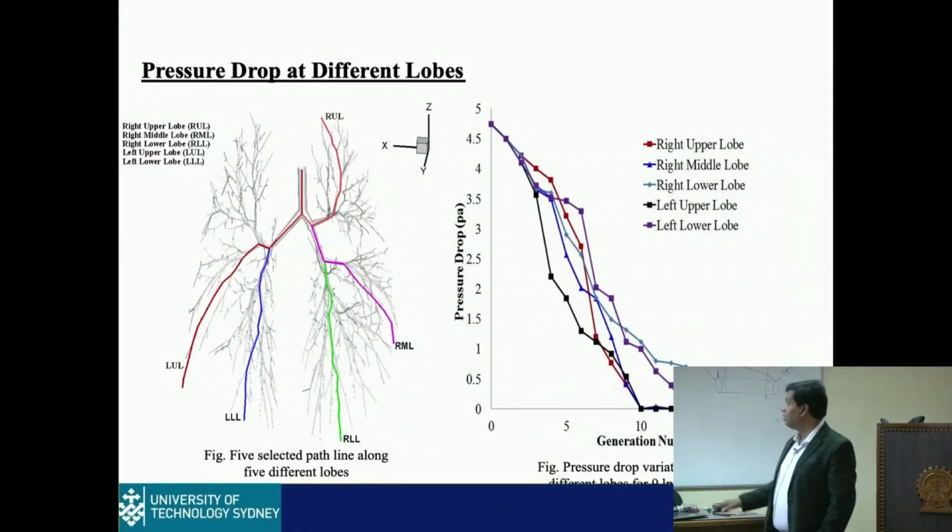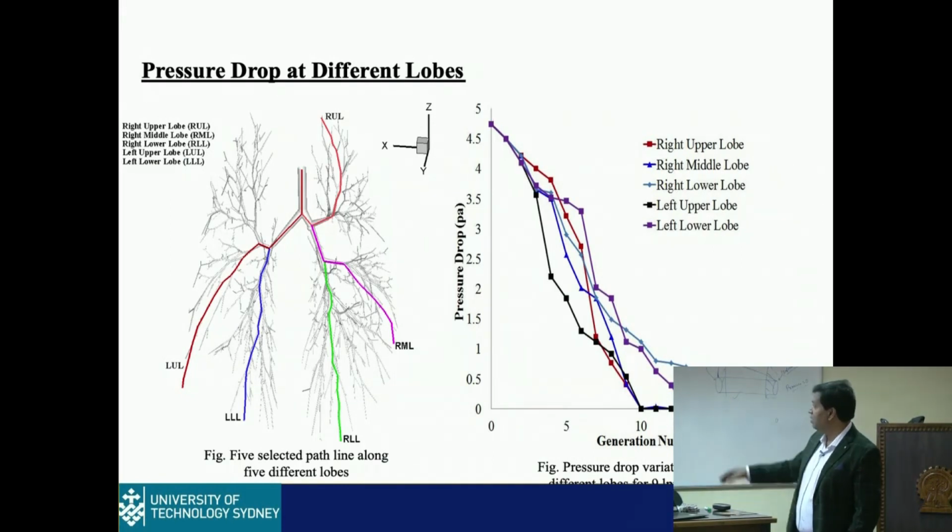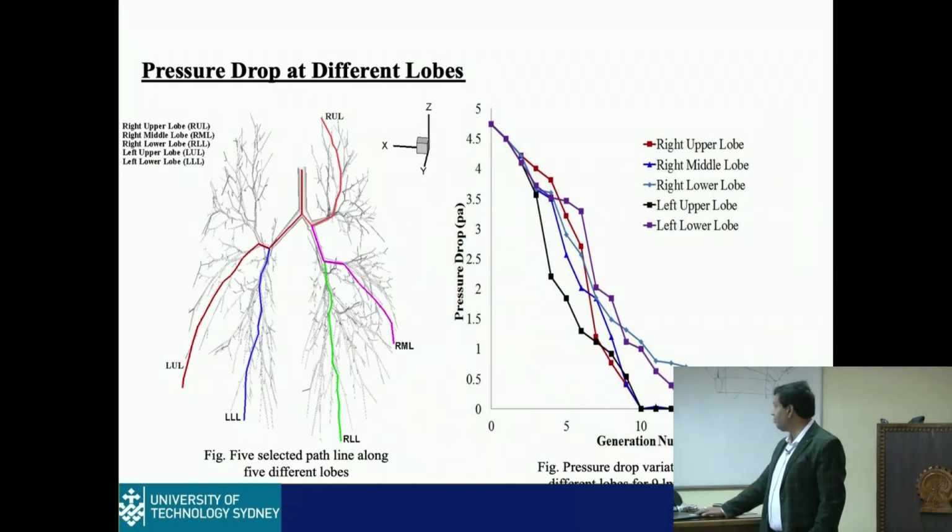Then we drew a line along 5 different lobes and calculated the pressure drop. You see how the pressure is dropping from about 4.48 or something to 0. In some cases, by the 10th generation the pressure is 0 already.